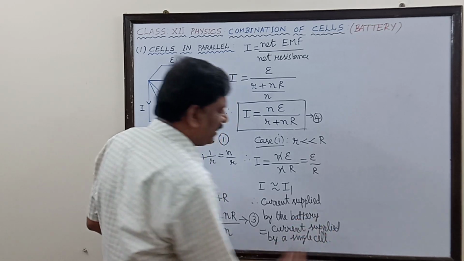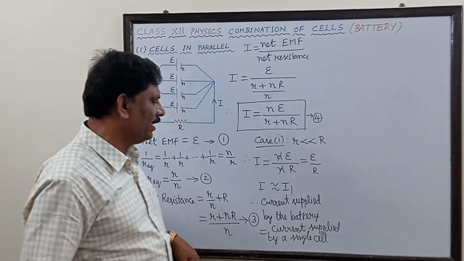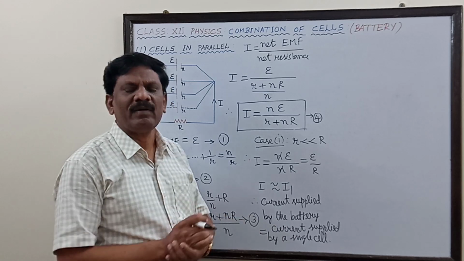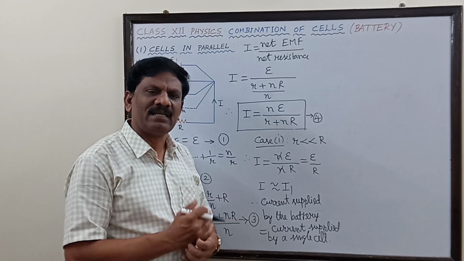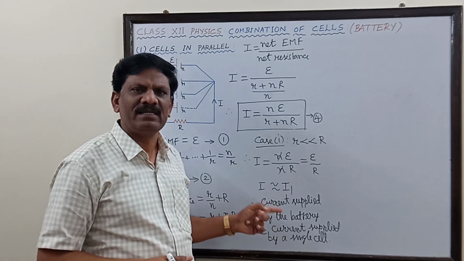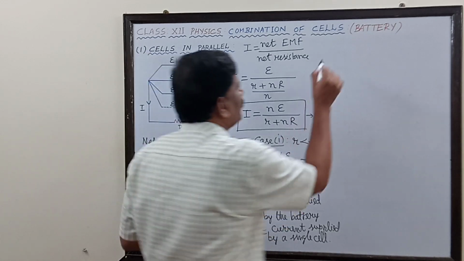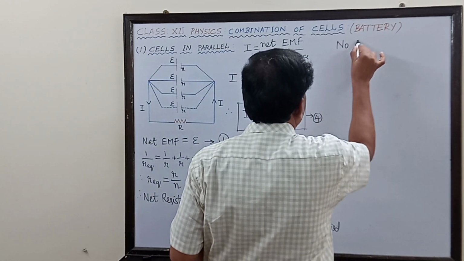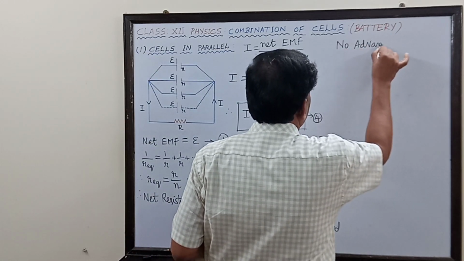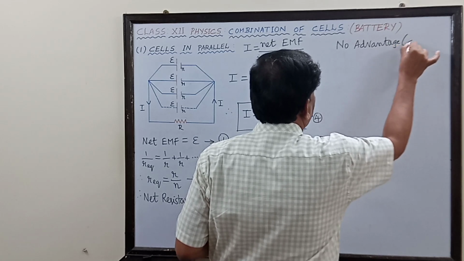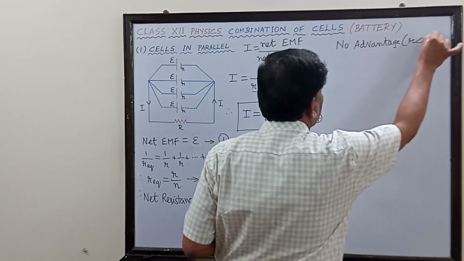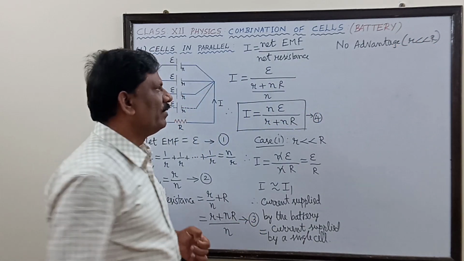As if there are n number of cells connected in parallel, the current is equivalent to what is supplied by a single cell itself. So is there any advantage in this case? There is no advantage. Okay, so no advantage in this case. So in which case there is no advantage? When r is very much smaller than capital R, there is no advantage.